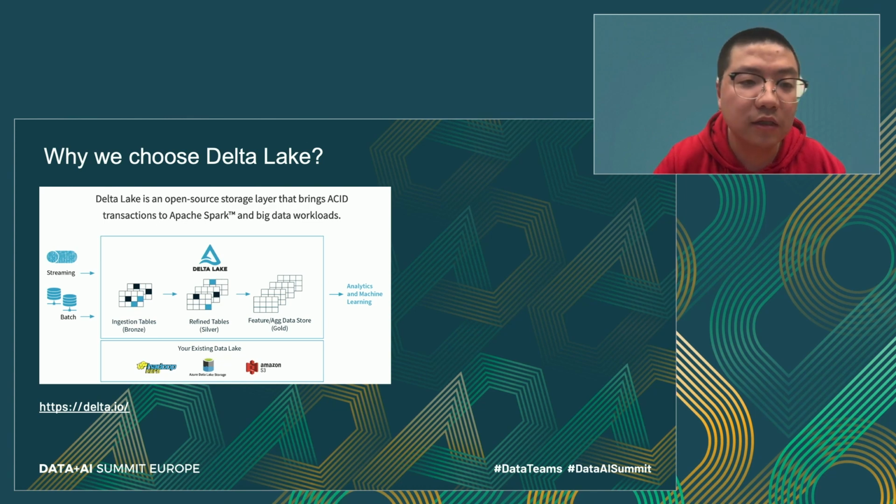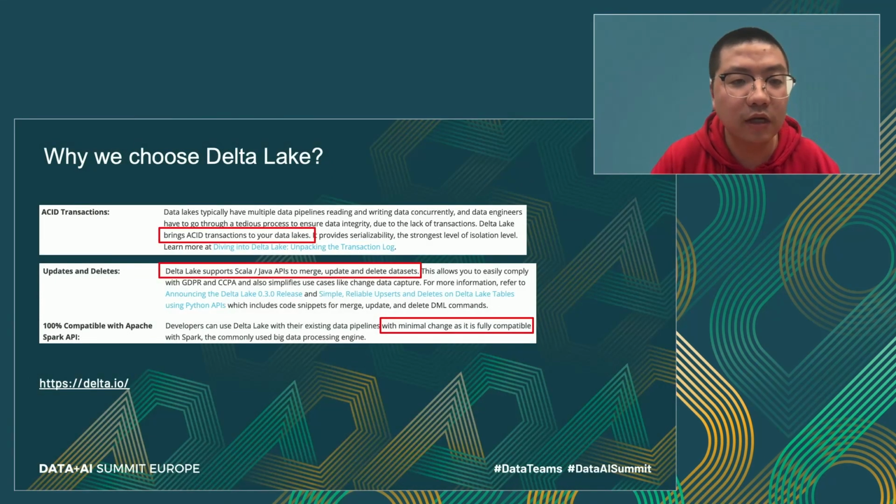Delta Lake brought ACID transactions to Spark and provided the Scala Java API for update, delete, and merge into. It was very easy for us to evaluate the protocol, and it needed minimal changes to be compatible with Spark.